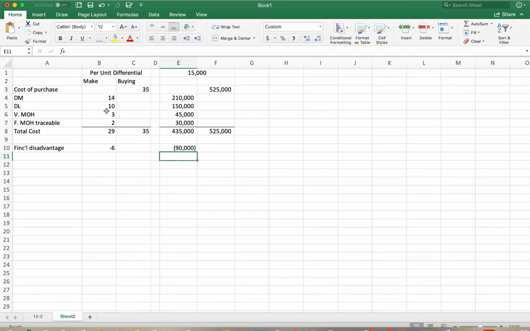Now, we talked in class about opportunity cost. This example right here did not have an opportunity cost. But if we read number 3, they say that suppose that if the carburetors were purchased, meaning we're not going to make them, we're going to buy them, we have this empty space within our factory.